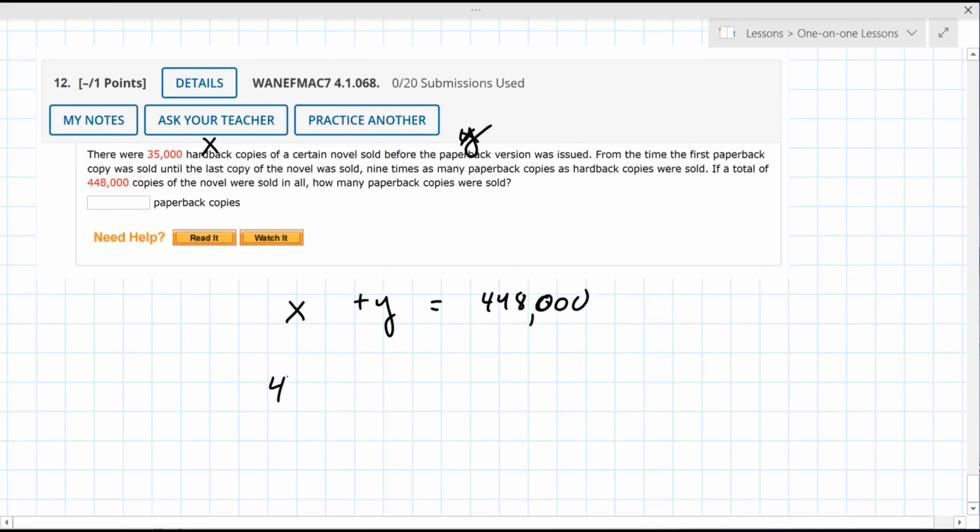So we know that for 448,000 minus 35,000, which is 413,000, there's a ratio of 9 times as many paperback copies as hardback copies. So for every one hardback copy, there were 9 paperback copies.